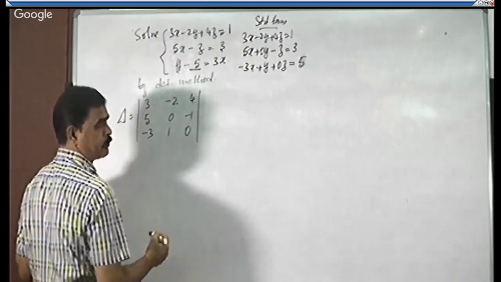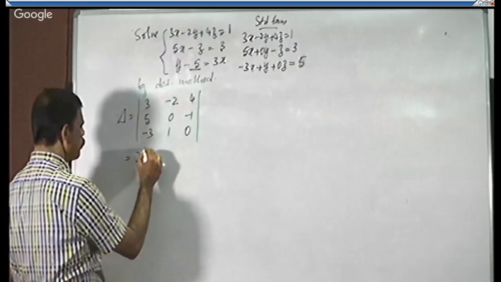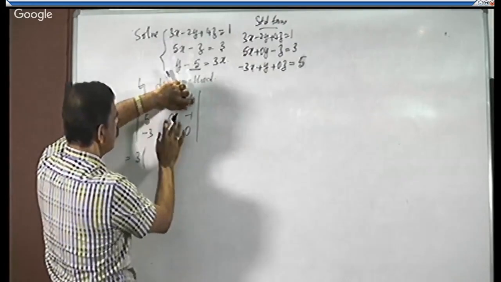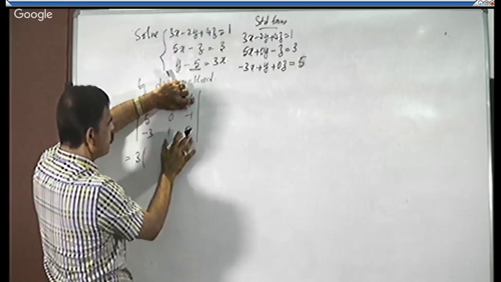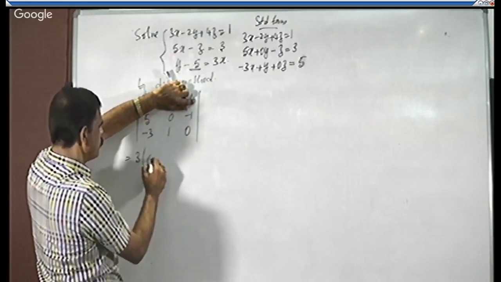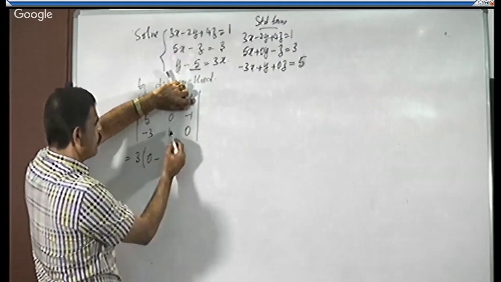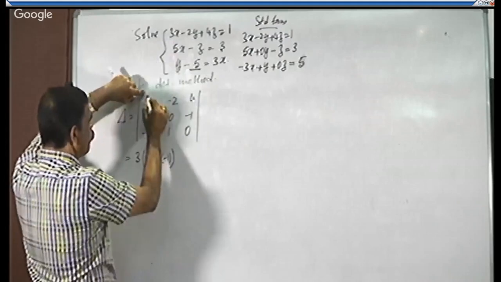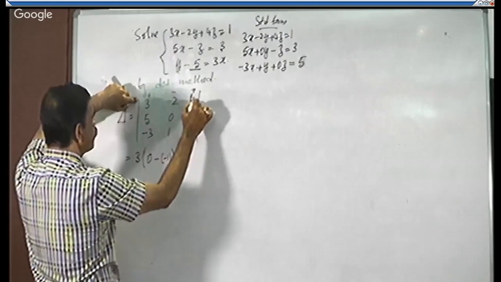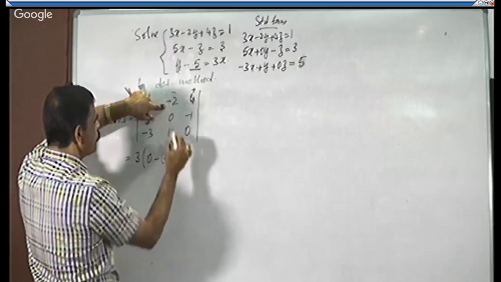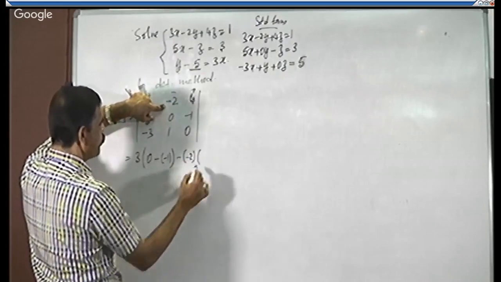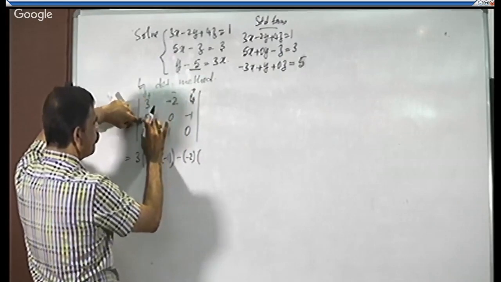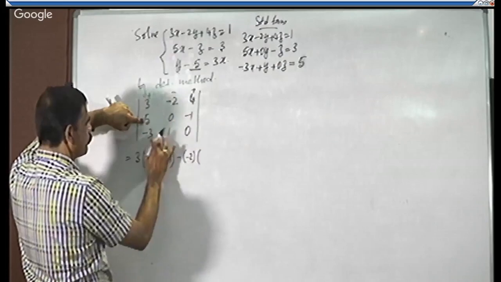Expand it. That is equal to 3 into, I am doing it directly, leave the corresponding column and corresponding row. The remaining elements, whose determinant is to be found: 0 into 0 is 0, minus, take their product, 1 into minus 1 is minus 1. Plus, minus, plus, I have taken the standard symbols. Minus of minus 2 into, I leave the corresponding column and corresponding row. The remaining elements are 5, minus 1, minus 3, 0.